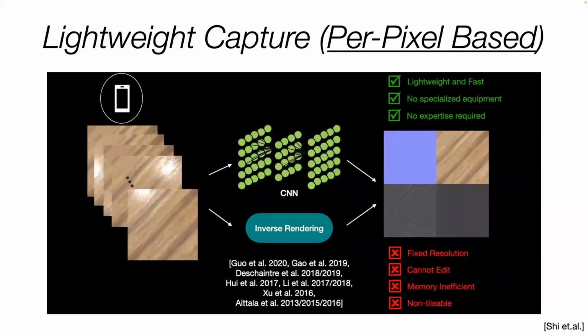For the lightweight capture, we have already seen the mechanisms to do this for other image processing, because basically you have these patches, and then you have a convolutional neural network, and using inverse rendering, differentiable rendering, you want to reproduce this real material, synthesized by self-training. That is, instead you use differentiable rendering to do self-supervision, and then you teach this neural network to synthesize the material with different components.